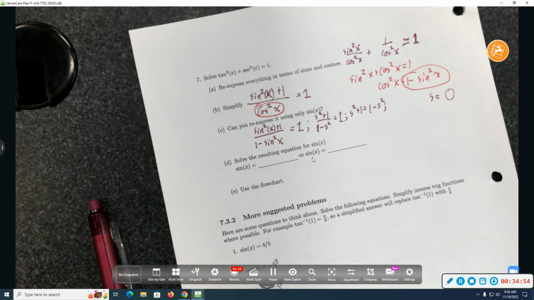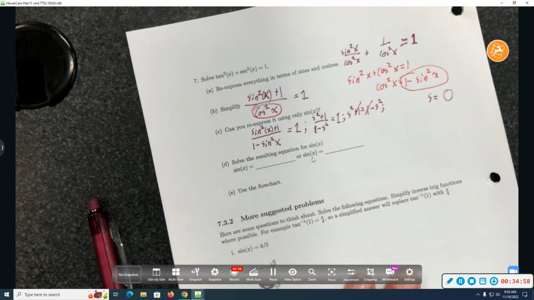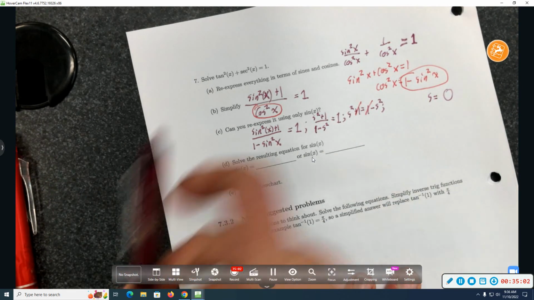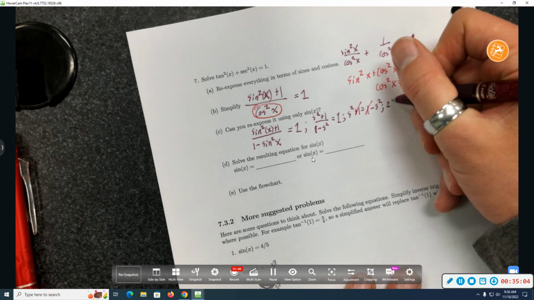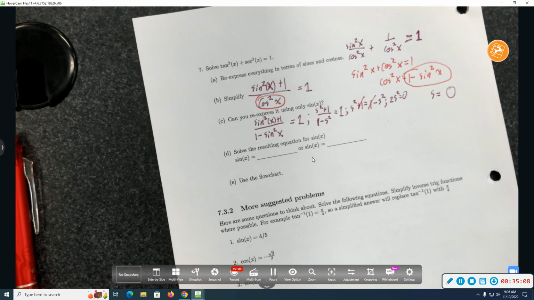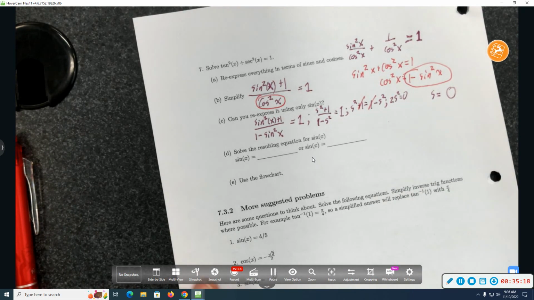Let's subtract 1 from both sides, which gets rid of the plus 1, then add the s squared to the other side. 2s squared equals 0. So divide both sides by 2, you get s squared equals 0. What's the square root of 0? 0. So s is equal to 0. Was that enough detail?